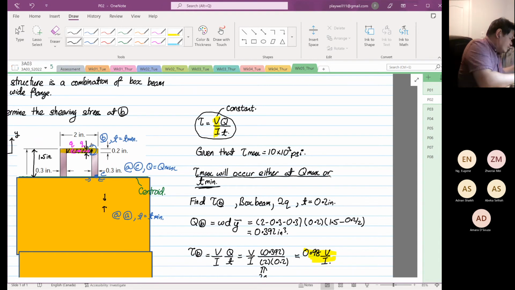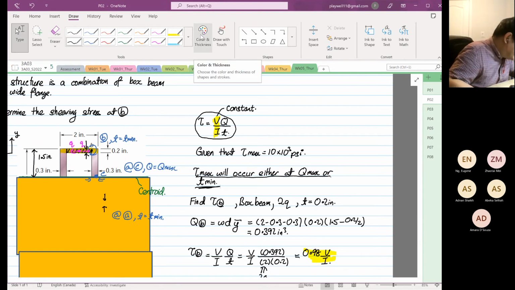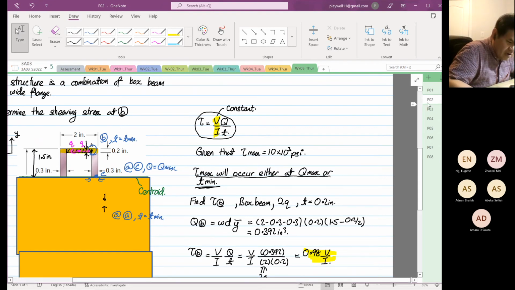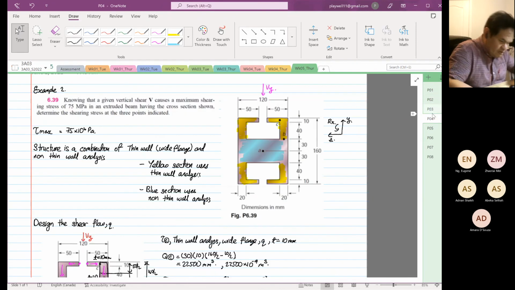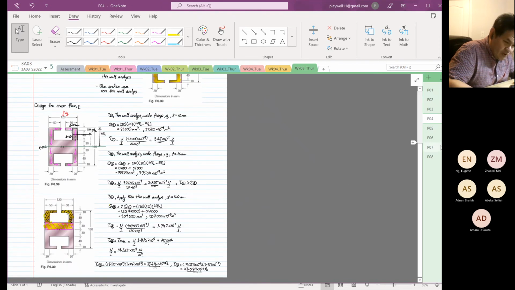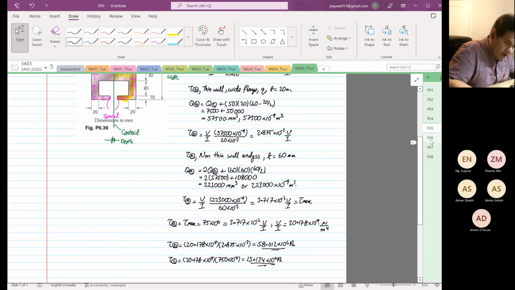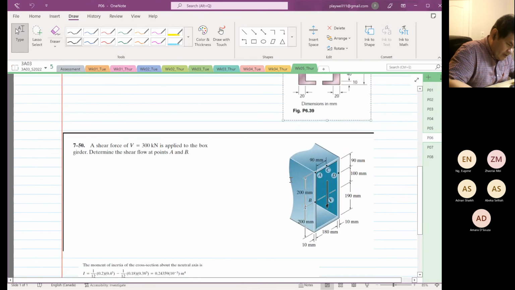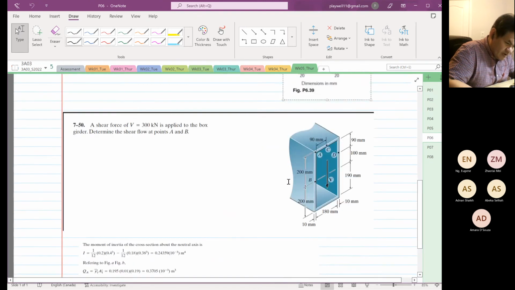Okay, I would like to do another example regarding thin wall, because thin wall can really be confusing, and I like to handle confusing problems with you all. So I want to look at an example. No, this example is too easy.